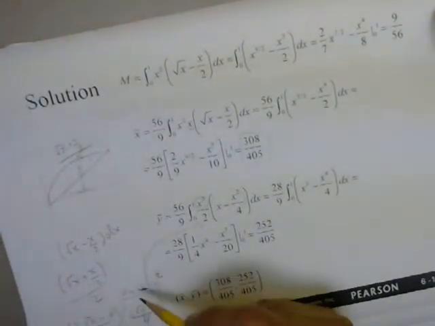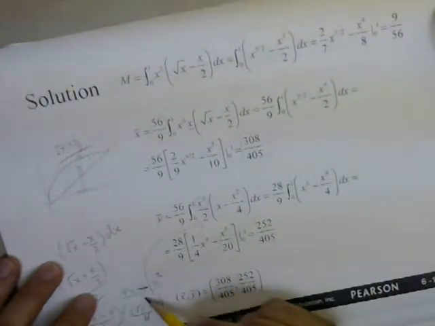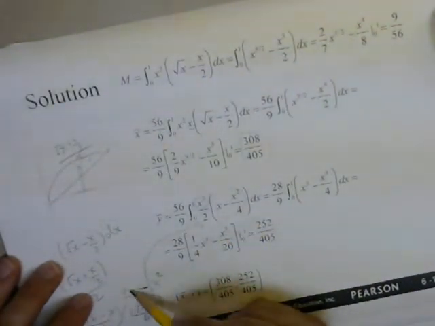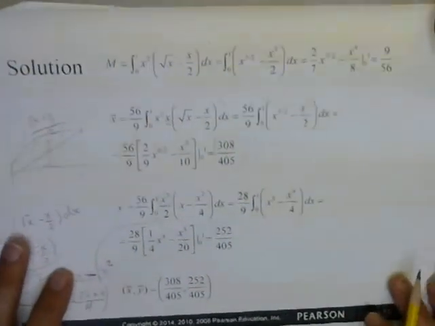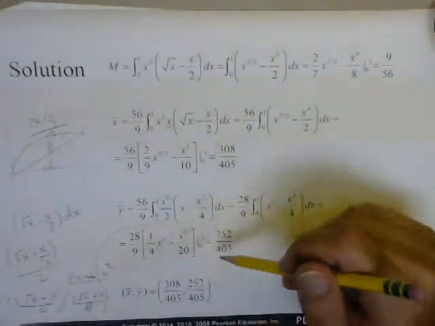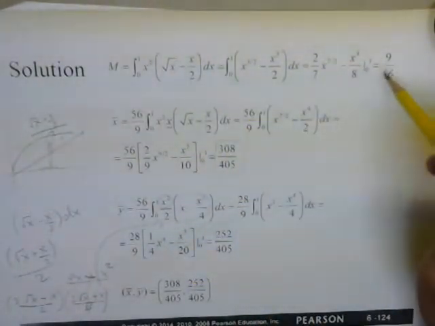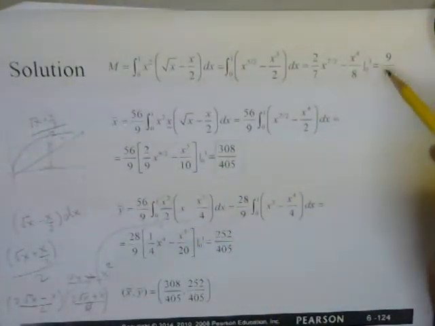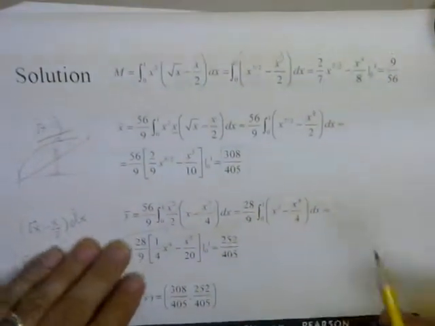The 4 and the 8 cancel, leaving you with a 2 on the bottom. So that's how you build that expression. We already calculated the mass, so I've already incorporated that in there. I'm dividing by 9 over 56, which will give me that.